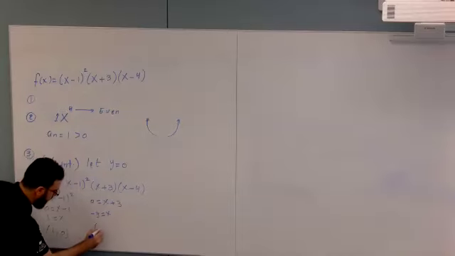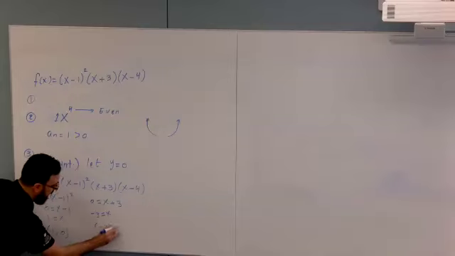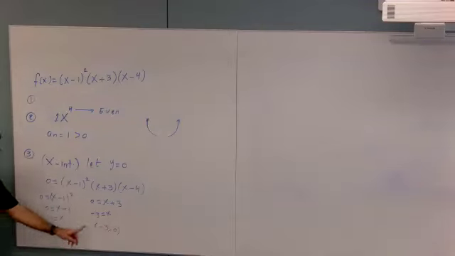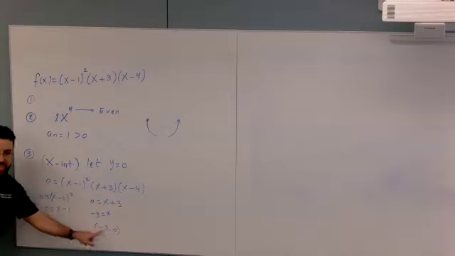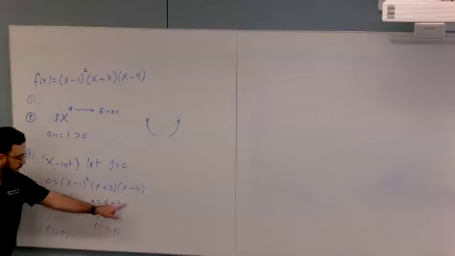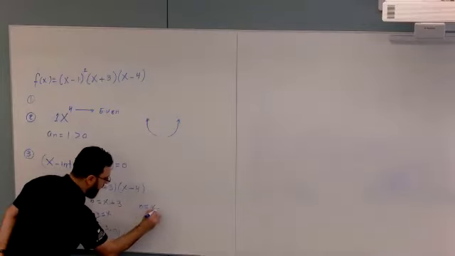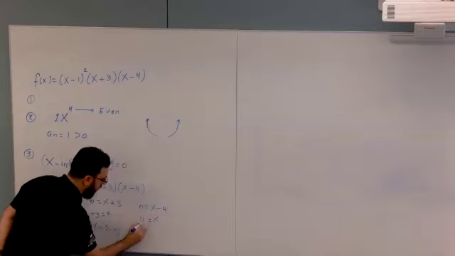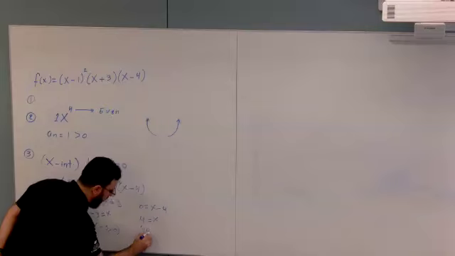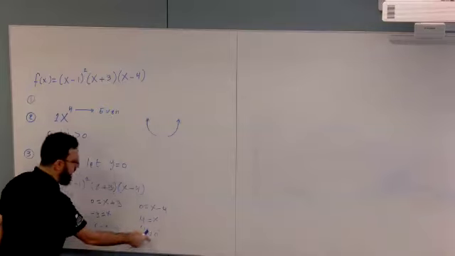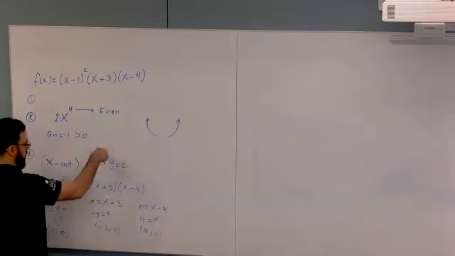As a point, -3 and 0. Now let's go back. At this point, does it touch or cross? Cross. Last point. 0 equals x minus 4. So x is going to equal 4, which means 4 and 0. At this point it is going to cross.